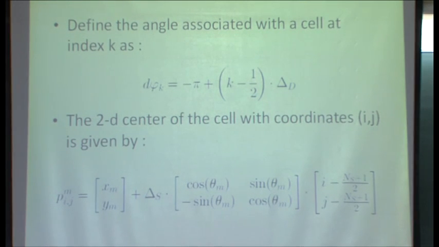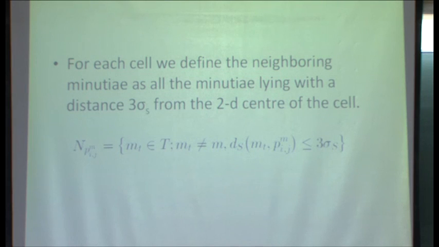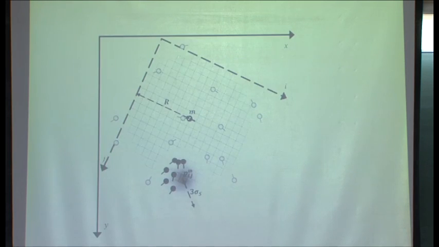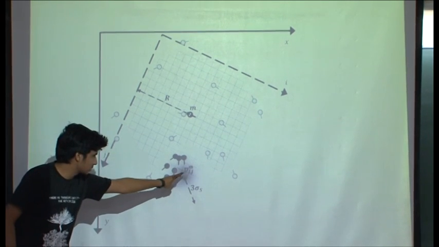Similarly, we can calculate the center point of each cell. Now, we define the neighborhood of each cell as the minutia points that lie within a distance of 3 sigma s from the center of the cell. So, for example, this is a cell ij.